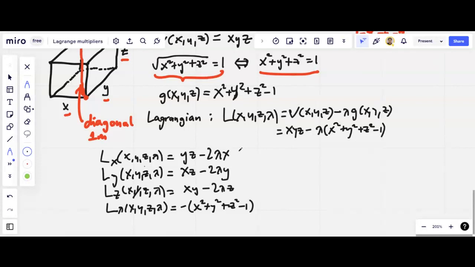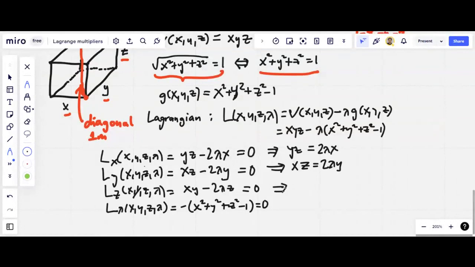To obtain the critical points, we set each one of these equations to 0. And from the first equation, we get yz is equal to 2 lambda x. From the second, we obtained xz is equal to 2 lambda y. From the third, we get xy equal to 2 lambda z.